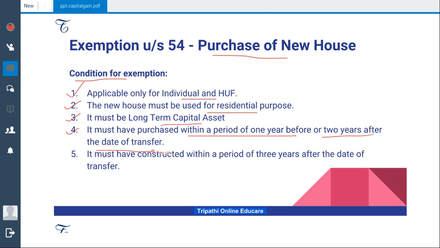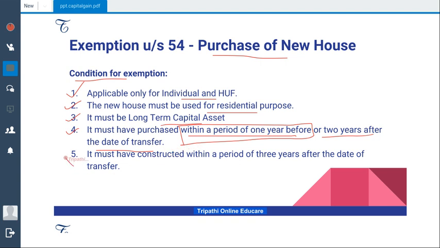So in both the cases, even before the sale, if you have bought a house before the sale of the first house, if you have purchased the second house, still you can get the exemption. But you should fit into this condition. The second house which you have purchased is within a period of 1 year before.